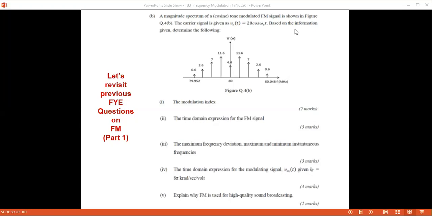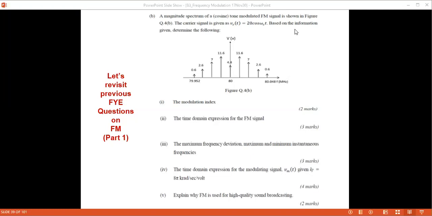These are the basic introduction to angle modulation, especially on FM. I showed you a number of final year exam samples based on the first part. Before we continue with the generation of FM, I will pick some of the questions that I shared with you last week to discuss.